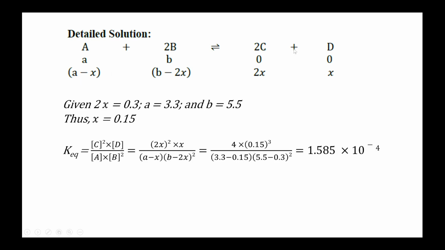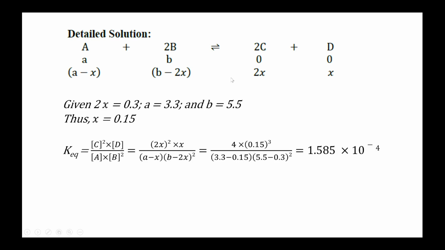Now at equilibrium, the concentration of C is given as 0.3. So that means the value of 2x is 0.3, A is given as 3.3, and B is given as 5.5. So x will be 0.3 by 2, that is 0.15.